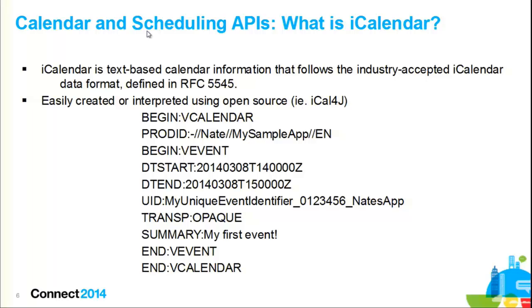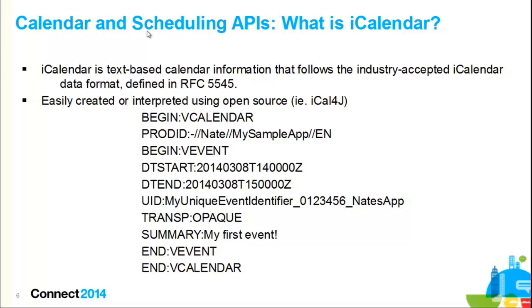Beyond that, you see there's a single VEVENT component, and within that, a number of other properties. So we have a DTSTART, DTEND. These are just times when the calendar entry happens. UID is an identifier. How do I refer to this calendar entry? And there are other properties. Transparency: does this block my busy time?